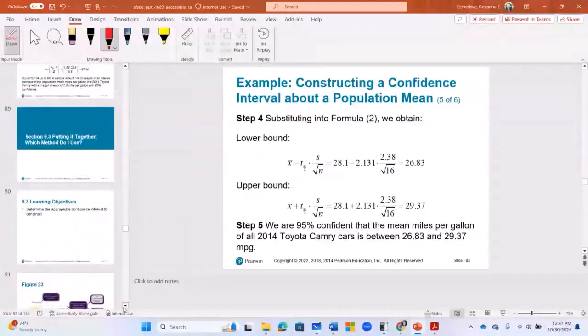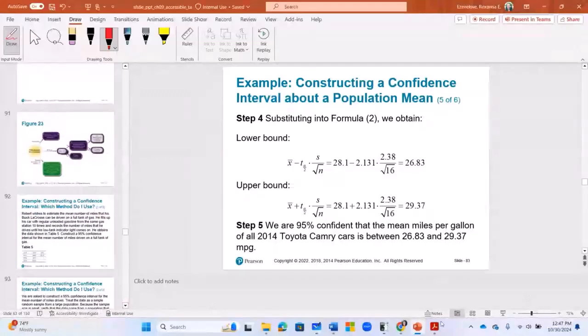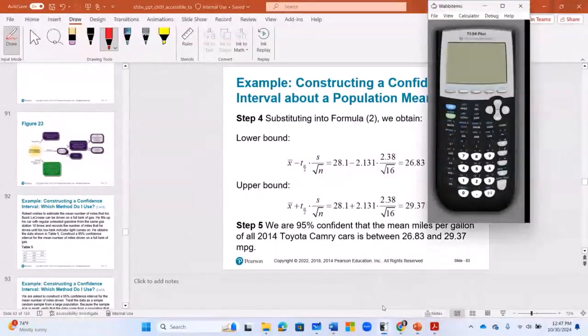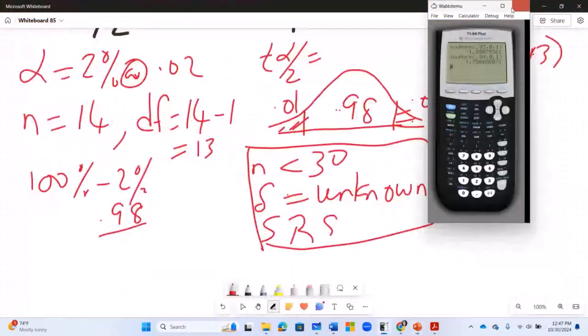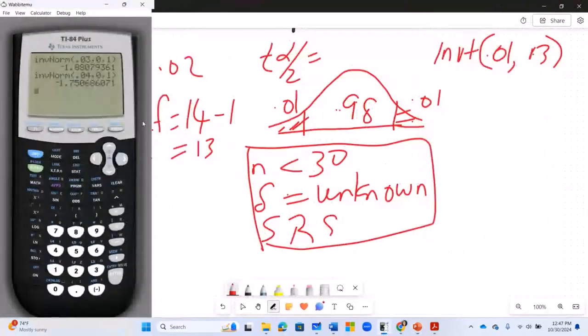All right, so what I'm going to do now is get to my calculator and finish up finding the inverse T. Remember, we use degree of freedom. So inverse T, and let me go to second distribution. Inverse T is number 4, and area to the left is 0.01.